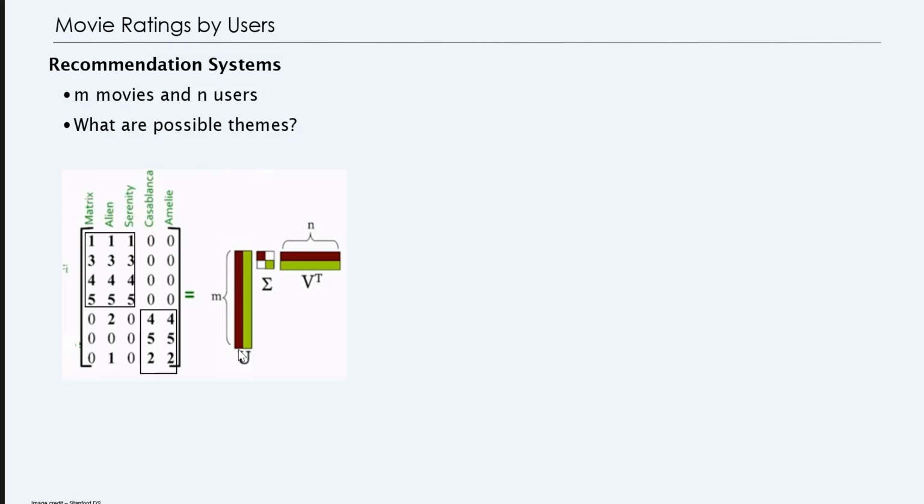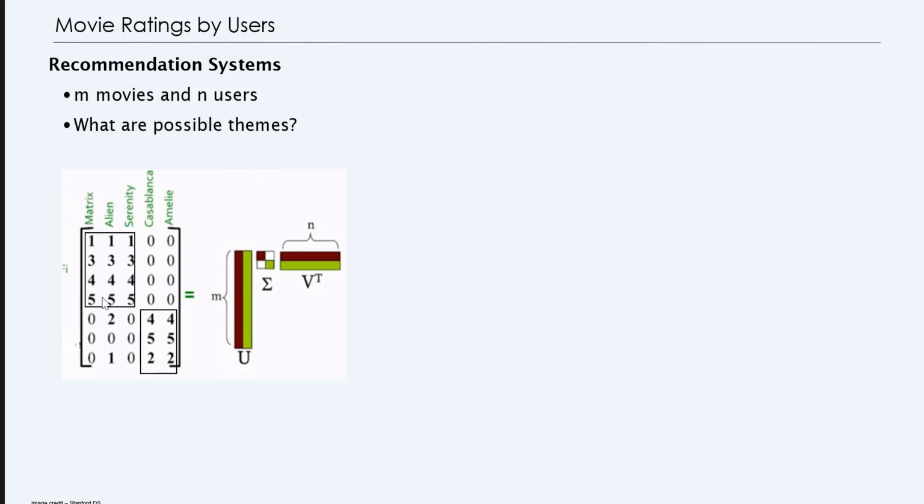So U is a 7 by 2 matrix, and sigma is a 2 by 2 matrix, and then V transpose is a 2 by 5 matrix, so the product ends up being 7 by 5. So the SVD shows us that there are only two important components in this matrix. Those are the two latent features.